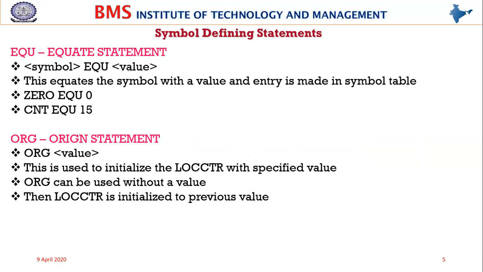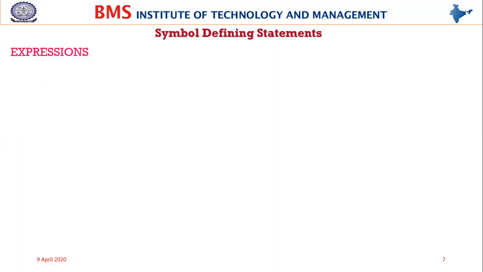ORG can also be used without a value, then the location counter continues with the previous value, whatever it was. So these are some of the additional facilities we have, which we call machine independent features of the assembler, right? Okay.